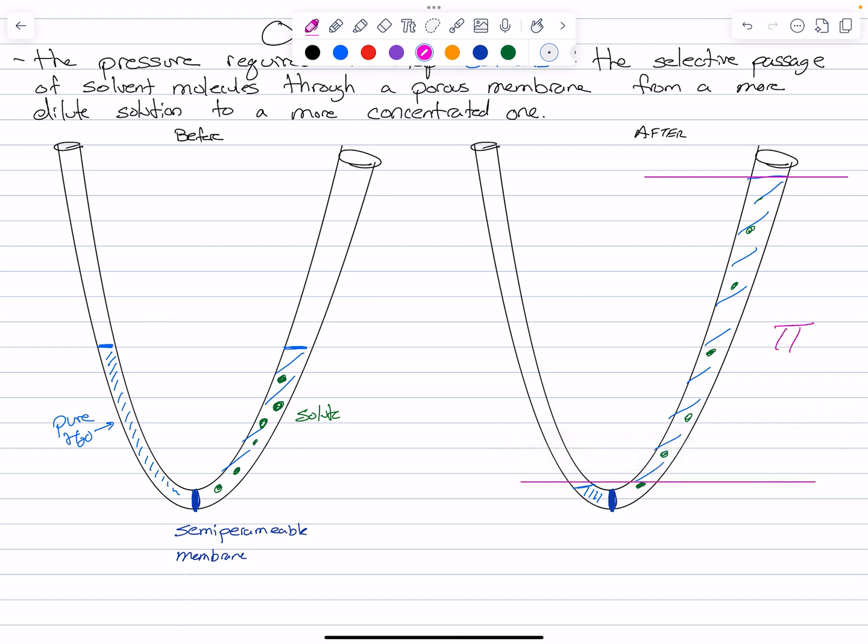This is capital pi in Greek for osmotic pressure. All right. This is why we don't drink seawater. Right. And so at this point on the right side, this is what we call isotonic, which means they have the same osmotic pressure.